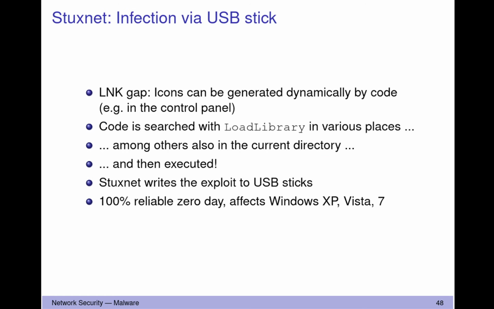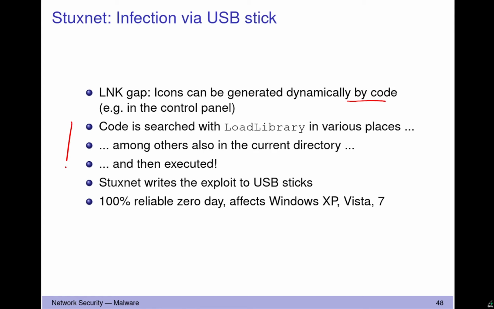So what kind of steps were included? First of all, once you put in a USB stick, it tries to load some icons. This icon loading can be generated dynamically by code.